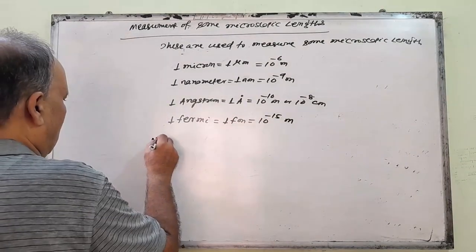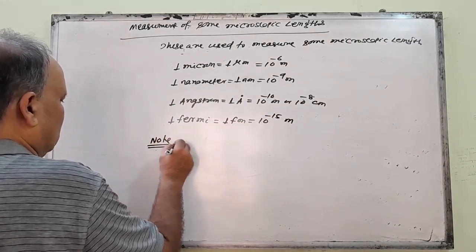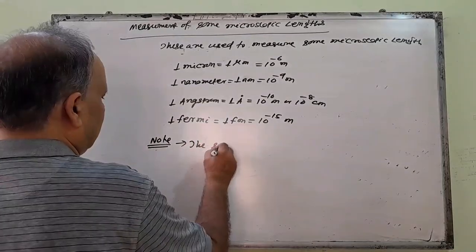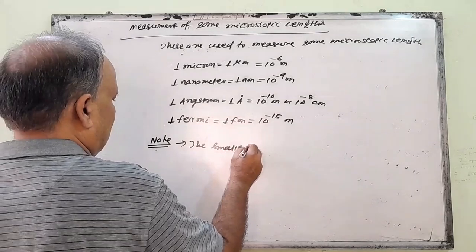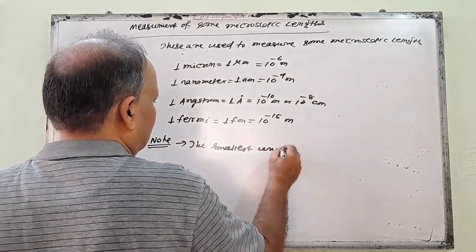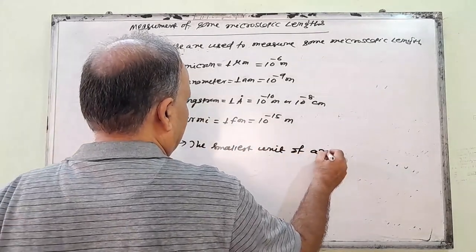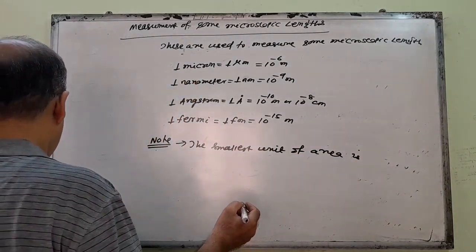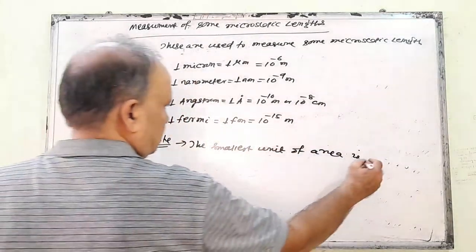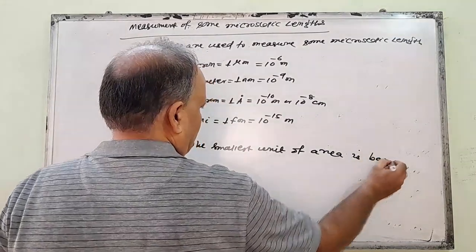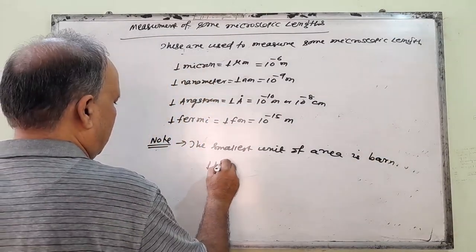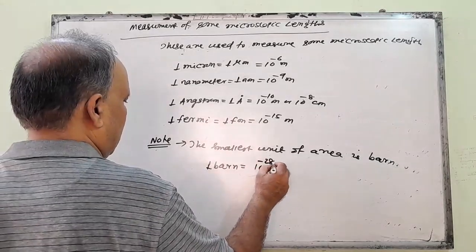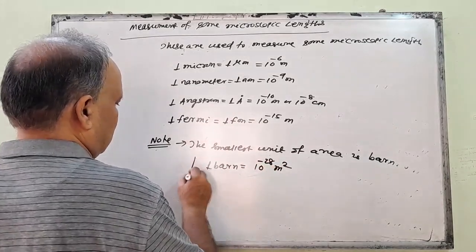You see one note, the smallest unit of area is the barn. You remember, 1 barn is equal to 10 to the power minus 28 meter square.